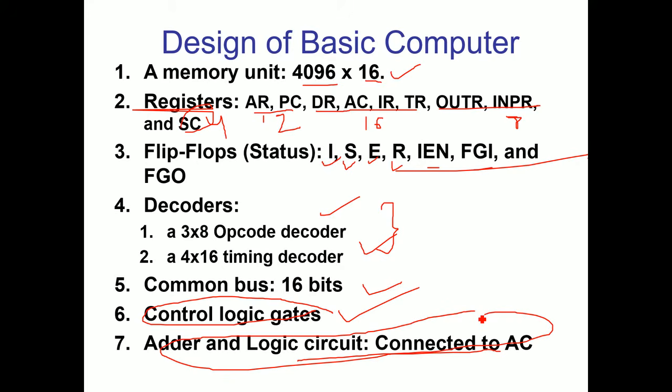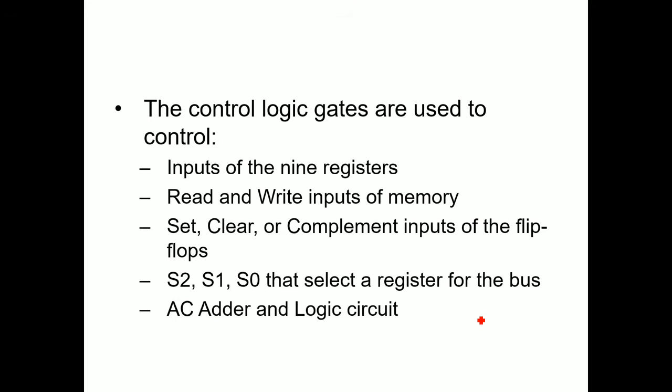Now let's see about the control logic gates. The control logic gates are useful in order to control. In the timing and control diagram, we have already seen that all the inputs are applied to the control logic gates.